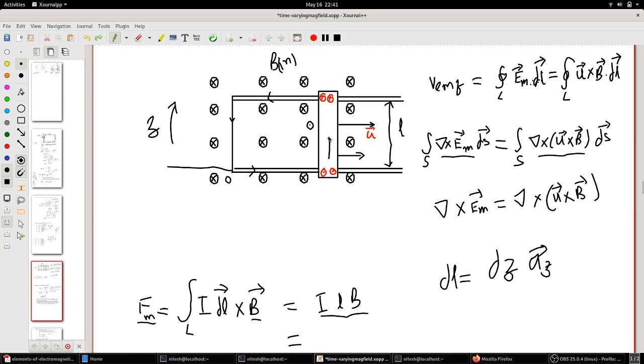Next thing we have to consider is the direction of u cross B. B is going into the whiteboard, and u is in this direction.